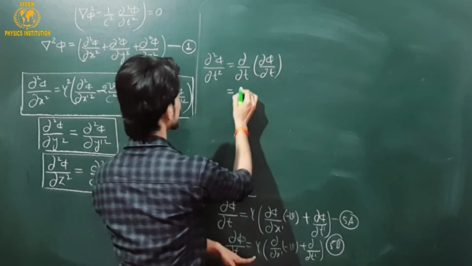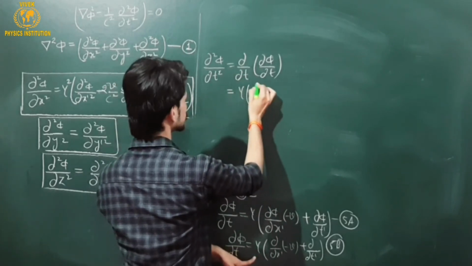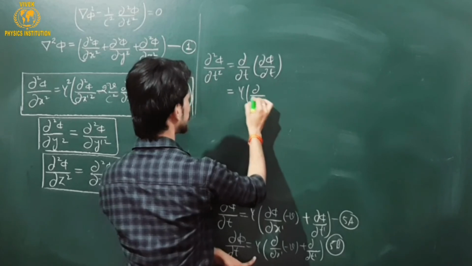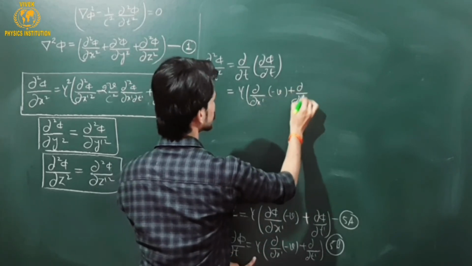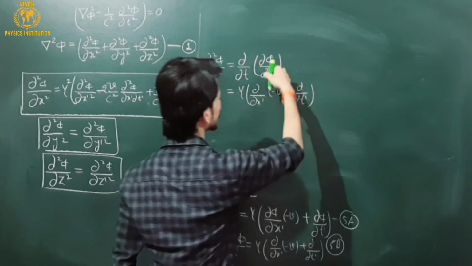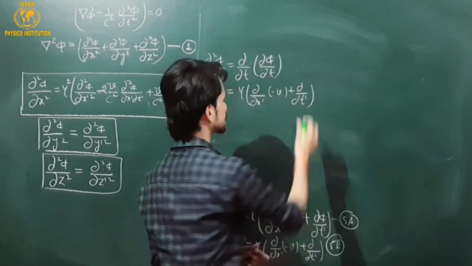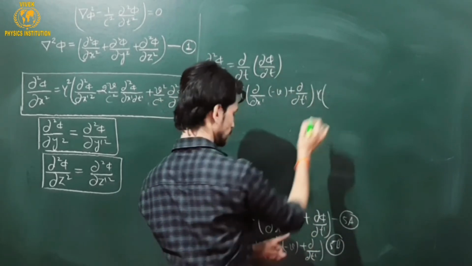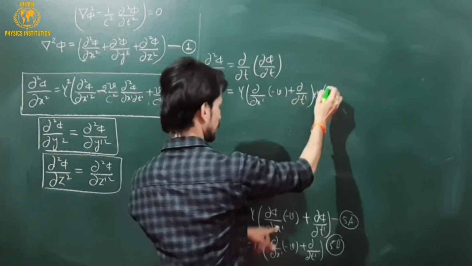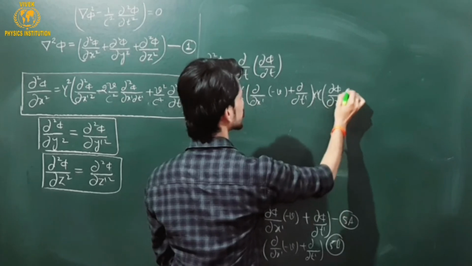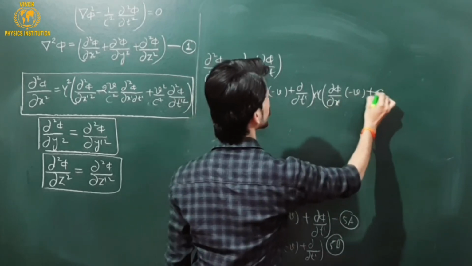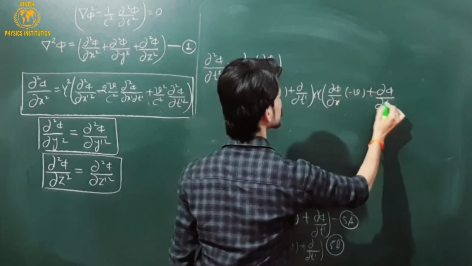Del over del t is gamma into del over del x dash minus v plus del over del t dash, and the value of del phi over del t from the fifth equation is gamma into del phi over del x dash minus v plus del phi over del t dash.